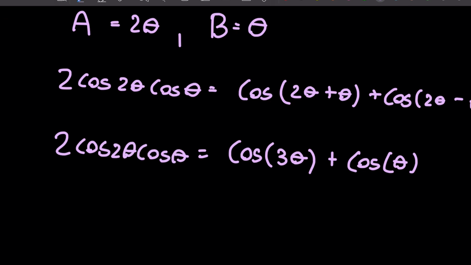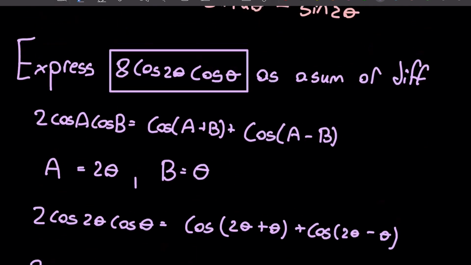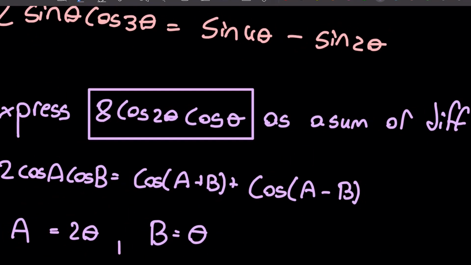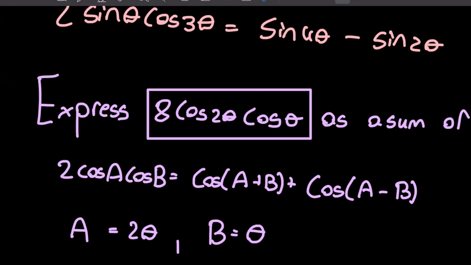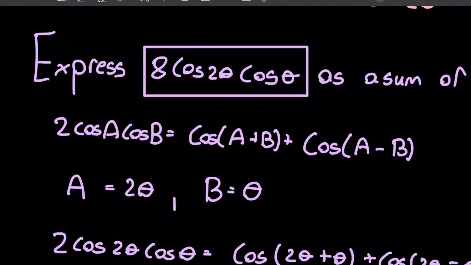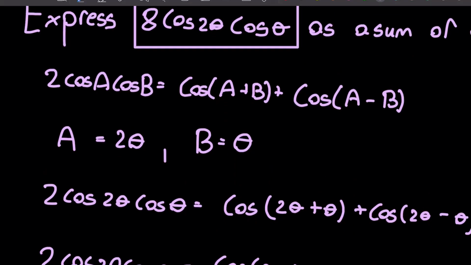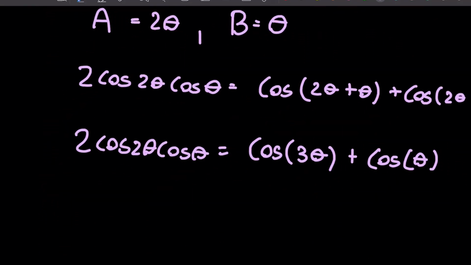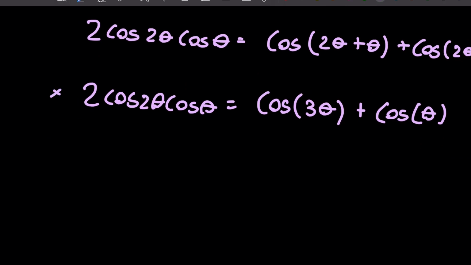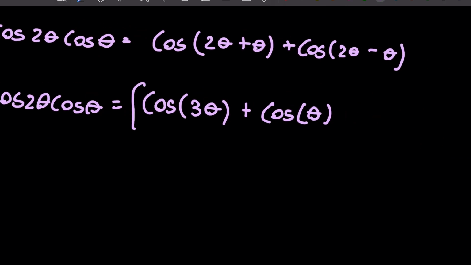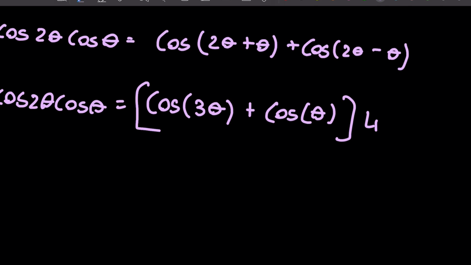Now what did the question ask us? The question asked us to express 8 cos 2 theta cos theta as a sum or difference of 2 terms. So how do we do that? We have 2 cos of 2 theta, we do not have 8. How could we make 2 into 8? If you multiply both sides by 4, 4 times 2 is 8.